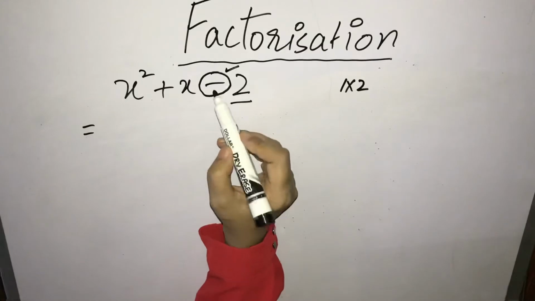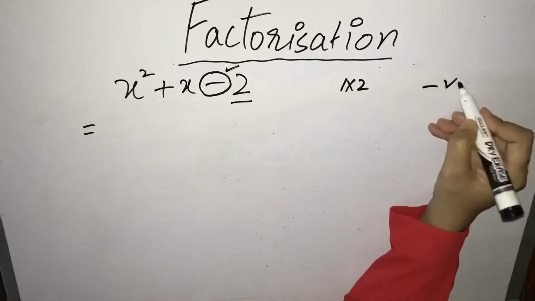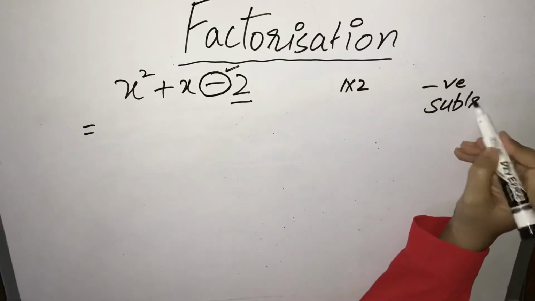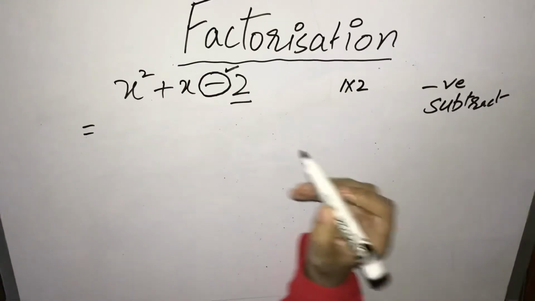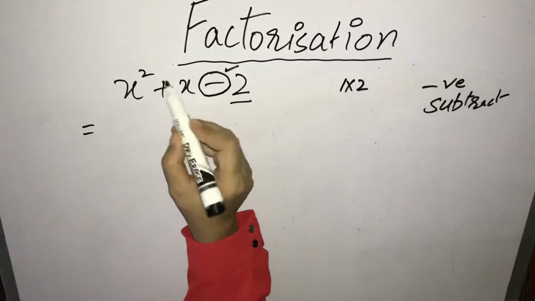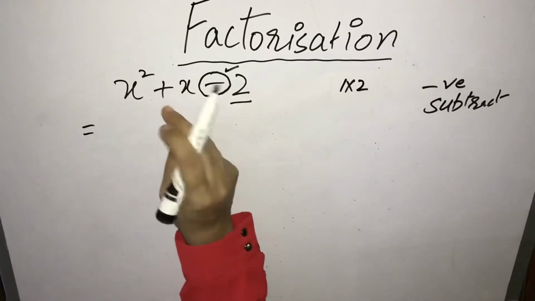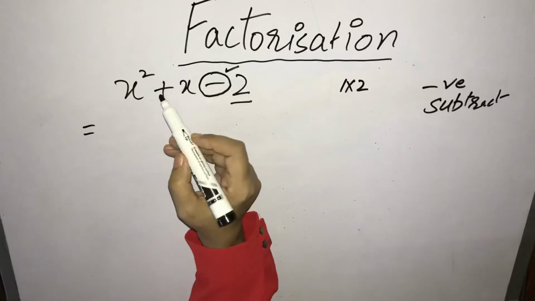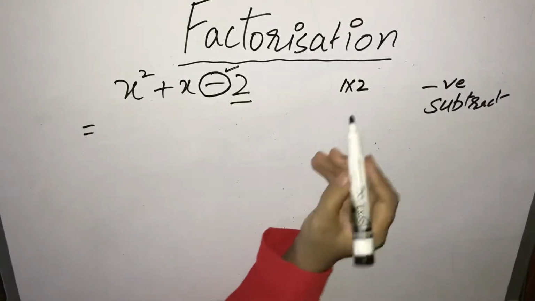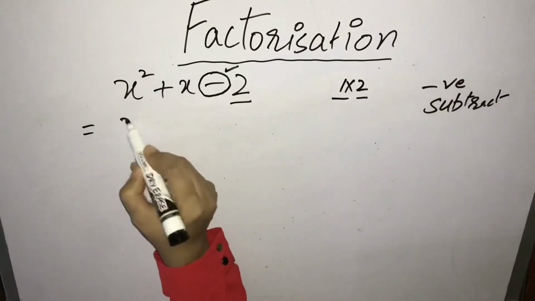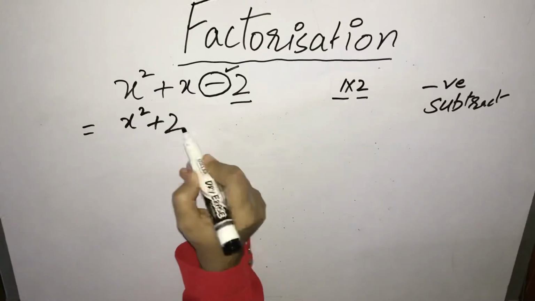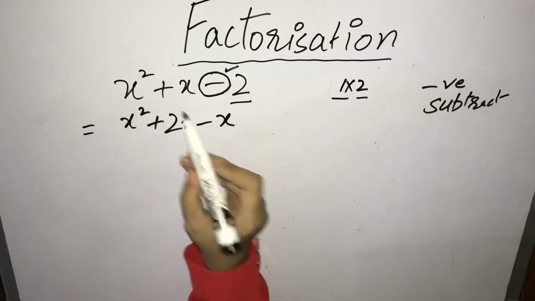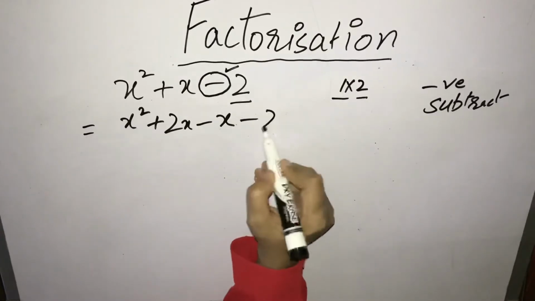If this sign is negative, it means you will subtract two factors, and if this sign is positive, that means you are going to add the factors. Moreover, when this sign is positive, it means the bigger factor is positive. And if this sign is negative, it means the bigger factor is negative. So in 1 and 2, we shall take the bigger factor positive, smaller factor negative: plus 2 minus 1 will give you positive 1 minus 2.